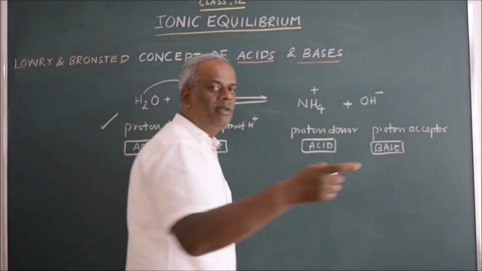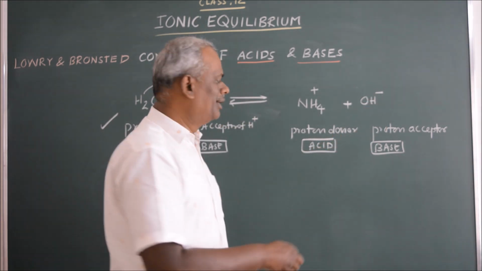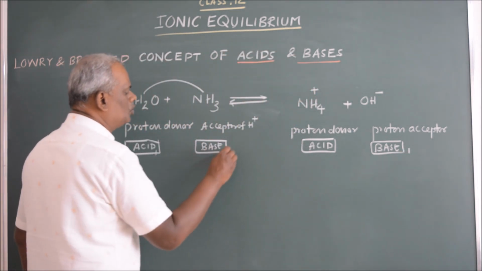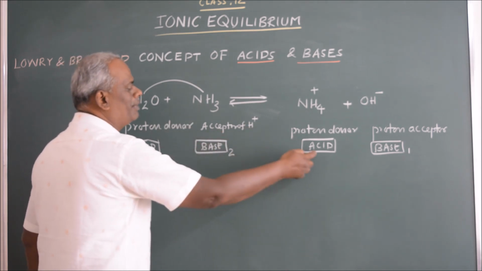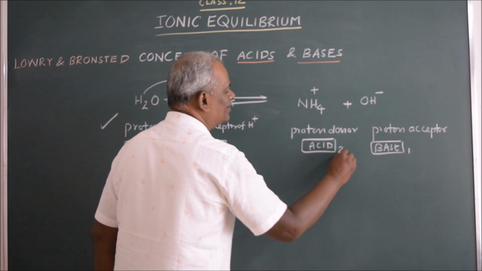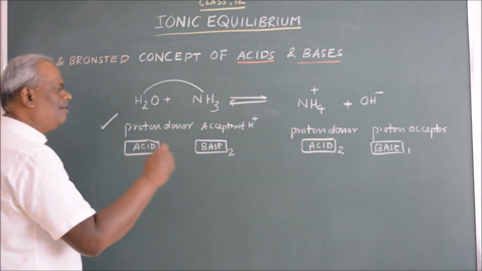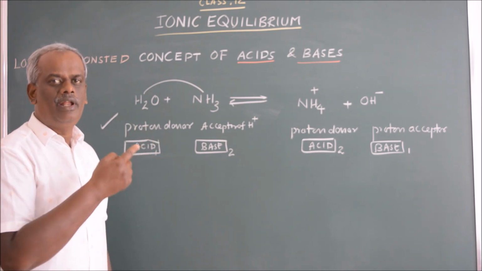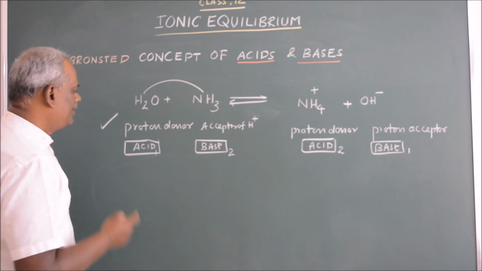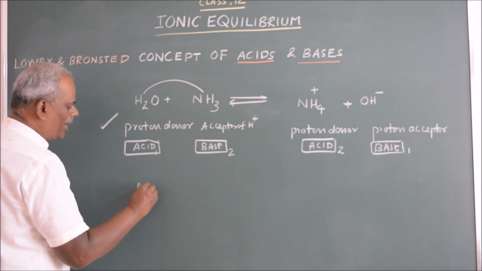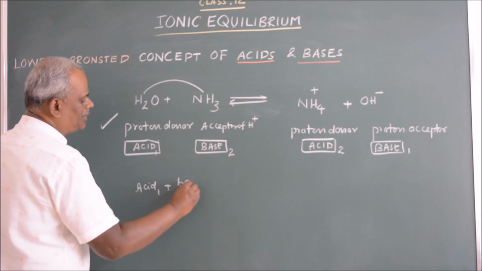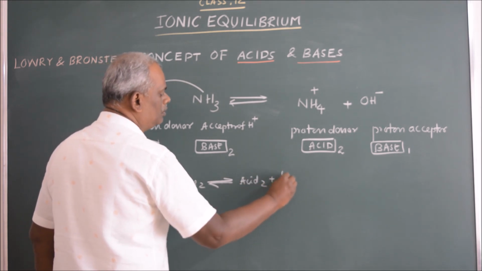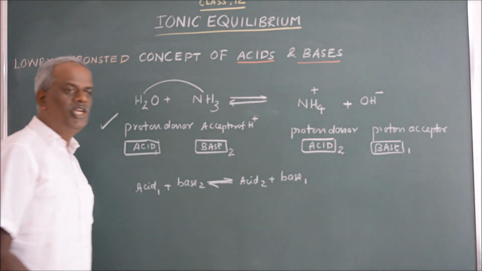So OH minus is the base which is resulting from acid 1, and hence this is taken as base 1. Now this is base 2, after the acceptance of H plus, it is forming another acid. So this can be called acid 2. So this is a general way of representing the conjugate acid-base pair as well as the Lowry Bronsted acid-base pairs. Yes, you just see, acid 1 plus base 2 provides acid 2 plus base 1. They are conjugate with each other.